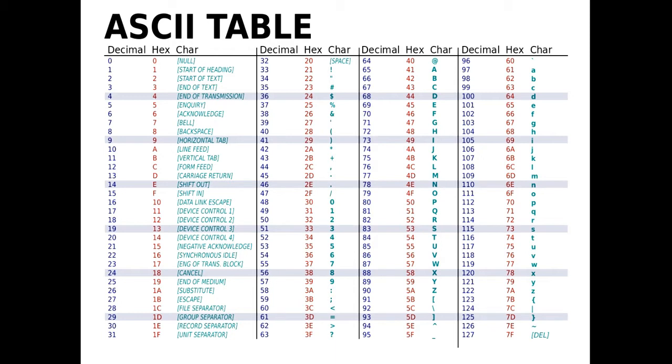We're just going to be focusing on the decimal and the character columns. As you can see in this ASCII table, these characters are mapped to a particular number. This number is going to be interpreted by the computer, and the computer is then going to send us back a response of the character that we've typed in.